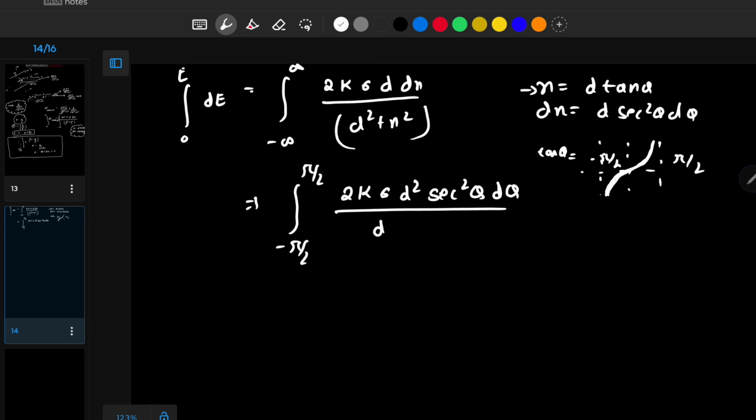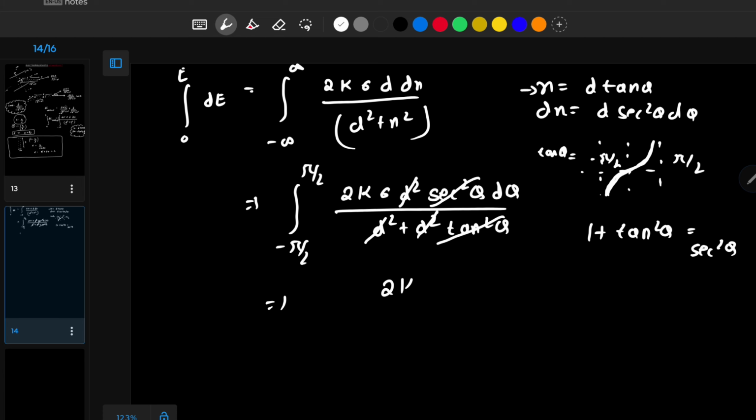Here we put d square tan square theta. This is going to cut out 1 plus tan square theta, since 1 plus tan square theta equals sec square theta. So this whole thing cuts out, and I am left with 2kσ dθ from minus pi by 2 to pi by 2.